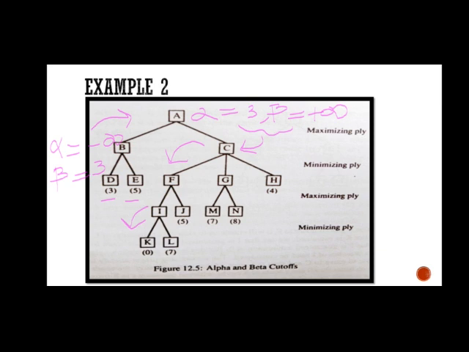Thus, we see that at the maximizing level, alpha should be set to either the value it had at the next highest maximizing level or the best value found at this level, whichever is greater. The corresponding statement can be made about beta at minimizing levels.